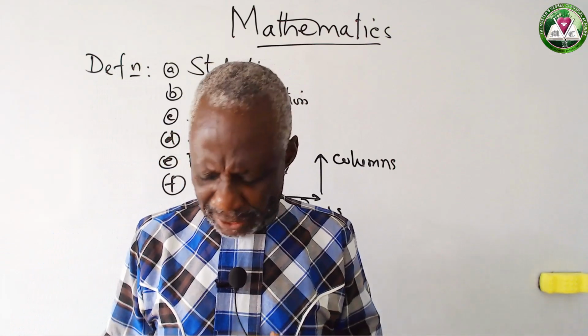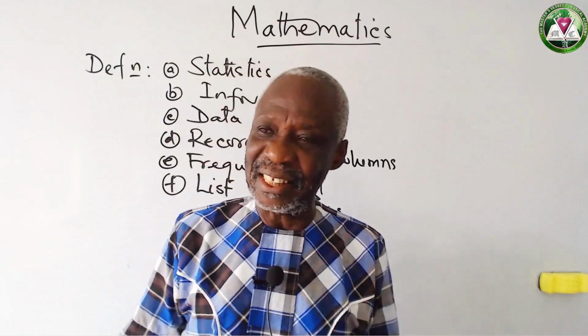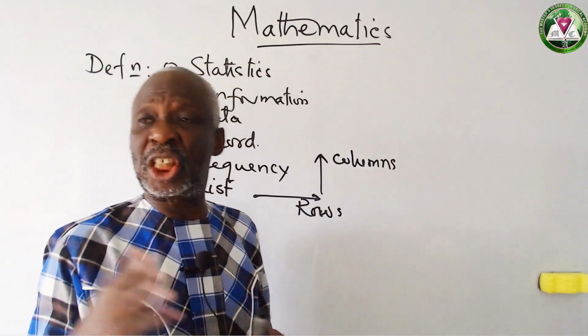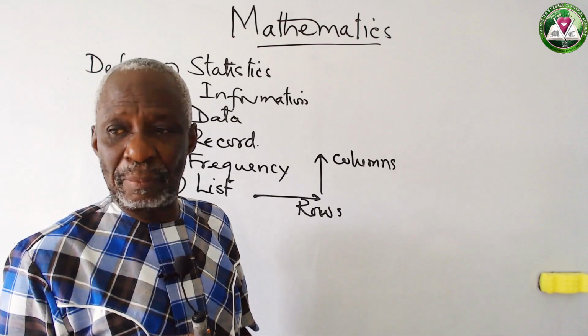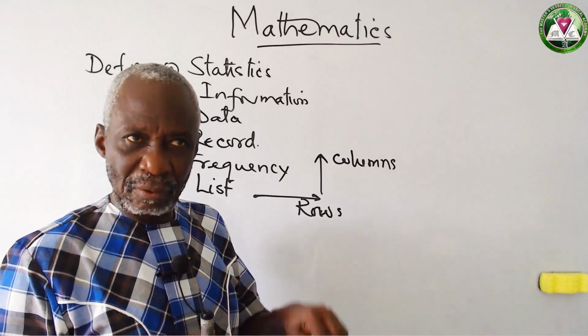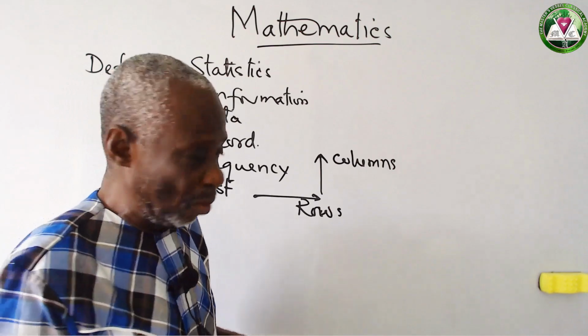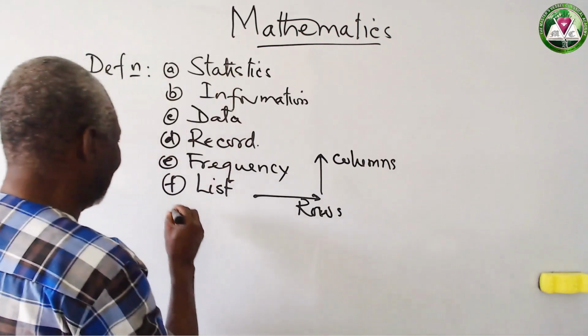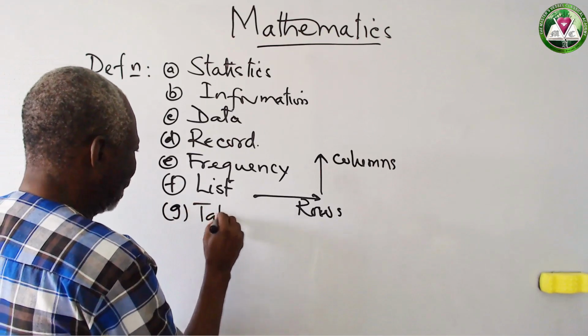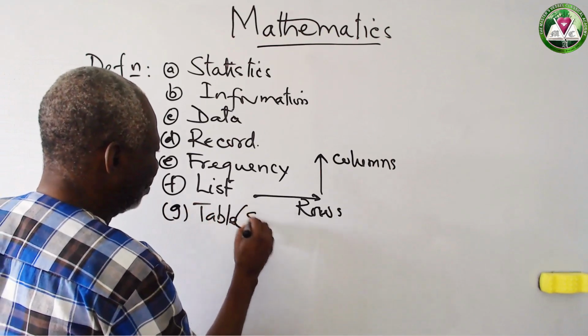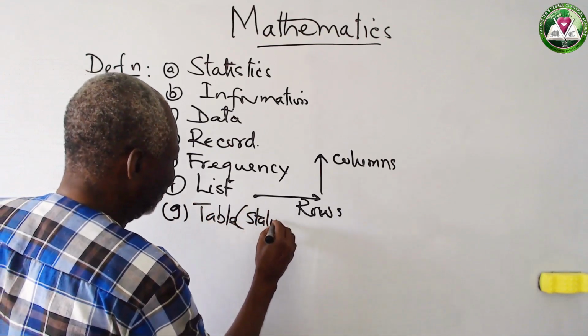Right. The next one is table. In statistics, it's not the table that you use for sitting, maybe in exam classes. It is the table for the study of these statistics. That's the one we are talking about. So let's take that. Table, and I'm putting inside a bracket here, statistics table.